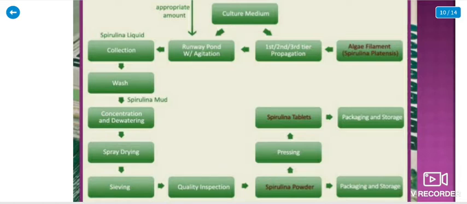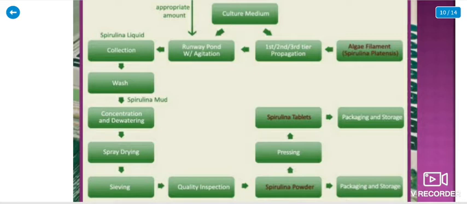In case of spirulina powder, it goes to the process of packaging and storage. Sometimes in the collection of spirulina, an appropriate amount of culture medium is also taken. The culture medium has two methods. Number one is runway pond water agitation. Another one is first, second, third tier propagation.